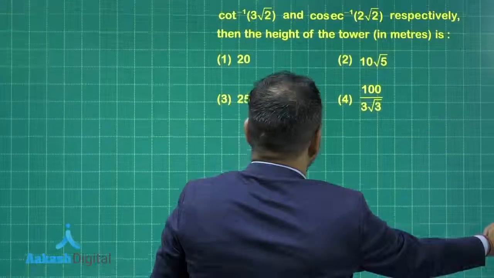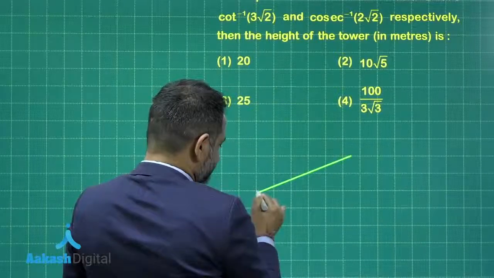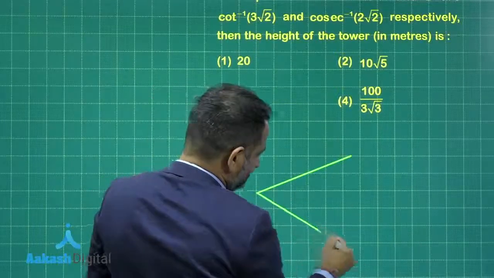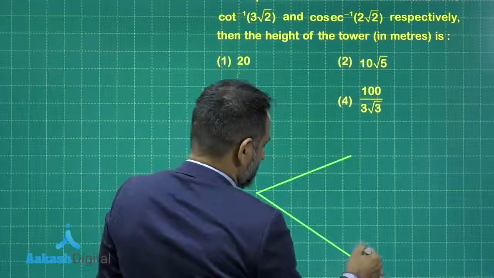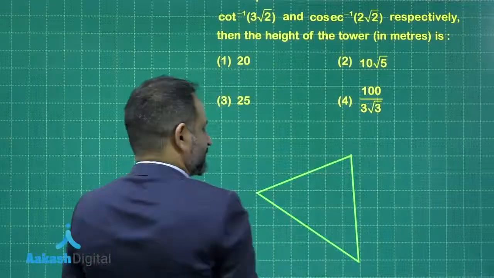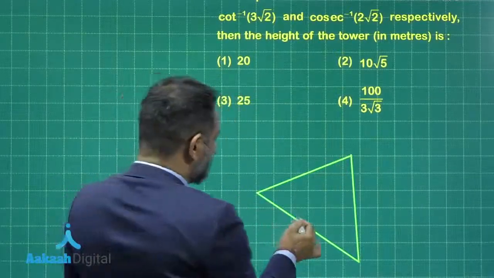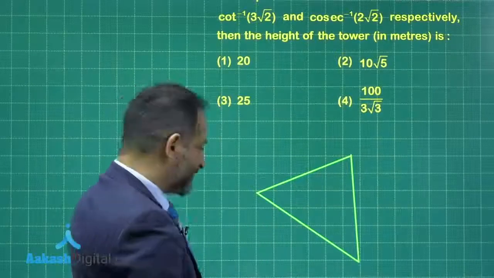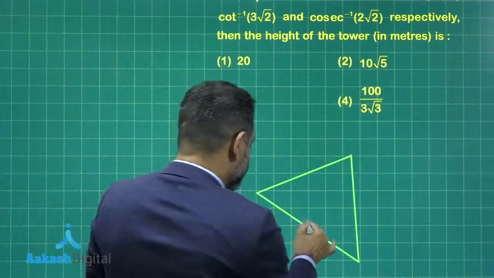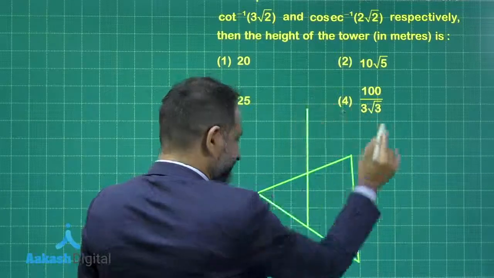So let us see, this is a triangular park. Now, this is A, B, C. There is a point M, the midpoint of BC, at which there is a tower right here.